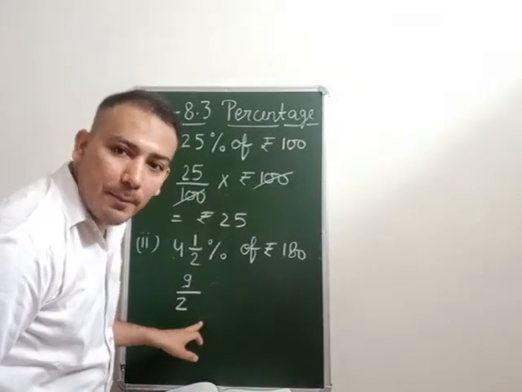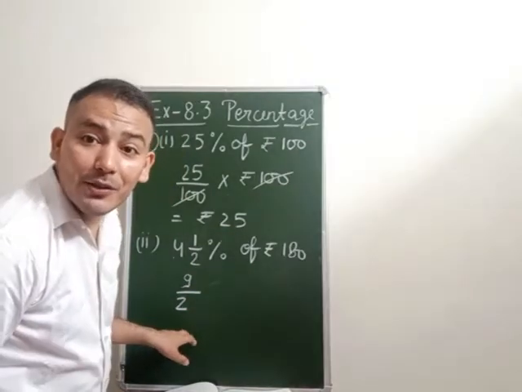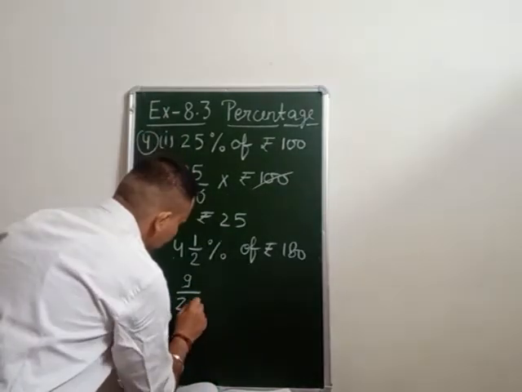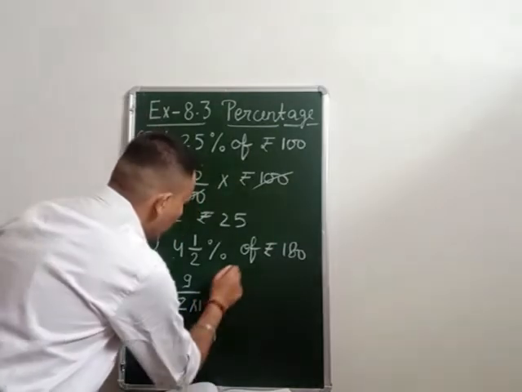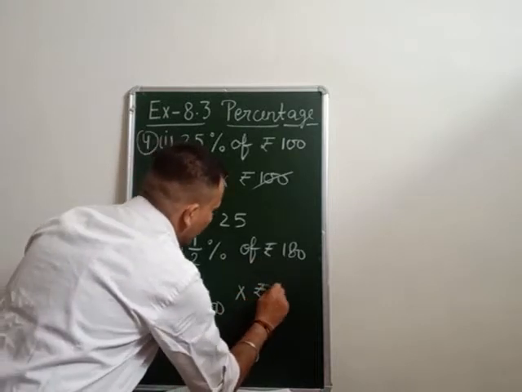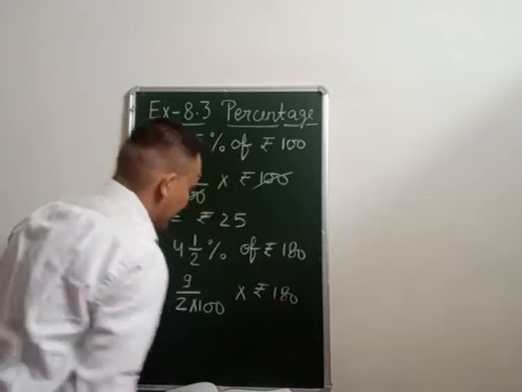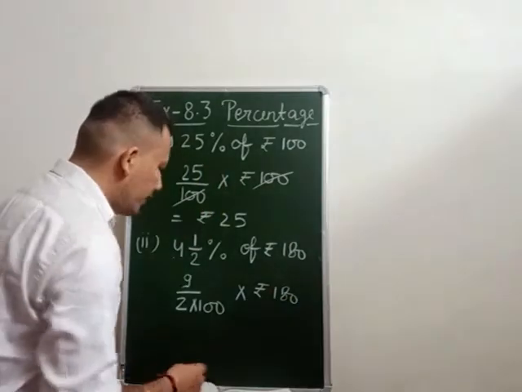100 will come as a denominator, and in the denominator 2 has already been given. So what we are going to do is multiply it by 100, and at the place of multiplication, rupees 180. Now see what we can do here.